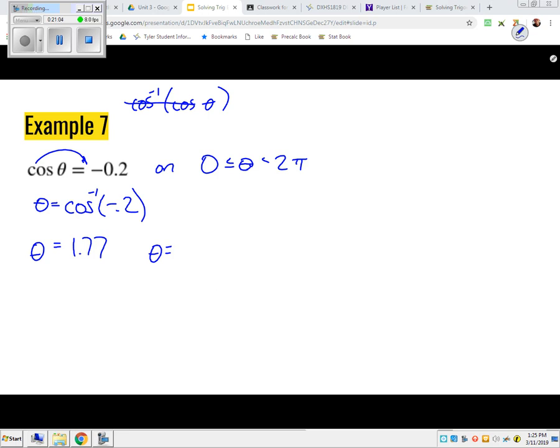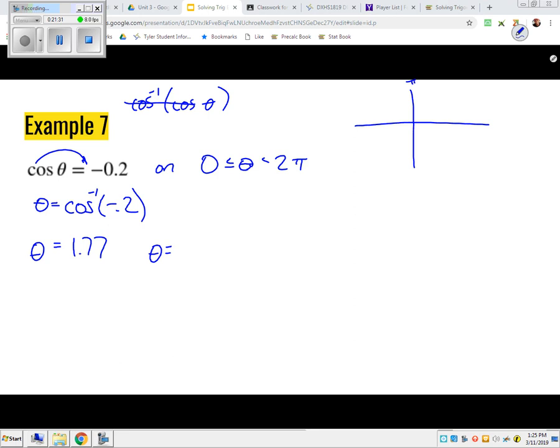What quadrant is this 1.77 in? Second? What value is this up here?